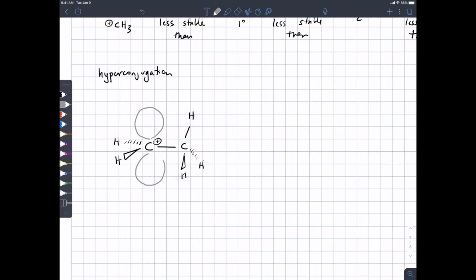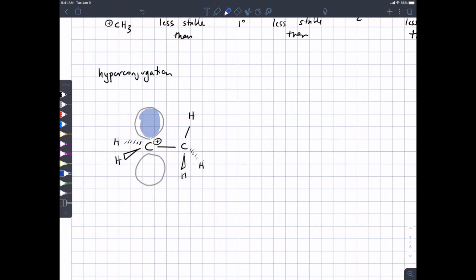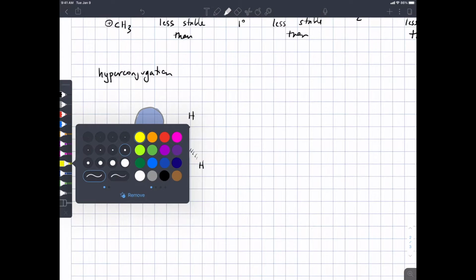You're used to looking at positively charged carbons that are sp3 hybridized as having an empty p orbital, and that's certainly the case here. I need slightly larger font. We're using color here simply to reflect the sign of the wave function.